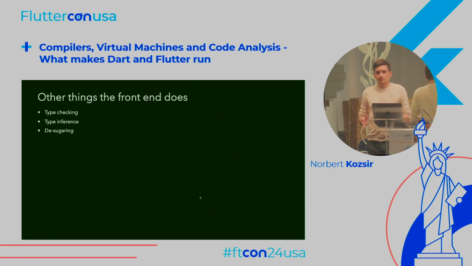A couple of other things that the front end does are things like type checking, for example. It makes sure that all your types match up. For example, if you try to assign an integer to a string, it will complain that's not possible, that doesn't make any sense.